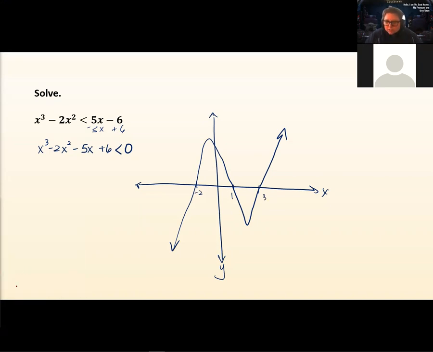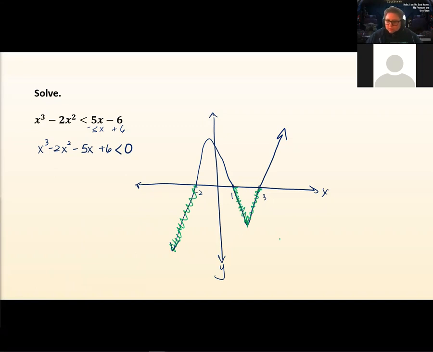So where is this greater than or less than 0? Where's this less than 0? Always in a few spots. So it goes from negative infinity to -2, and then 1 to 3. That's it.